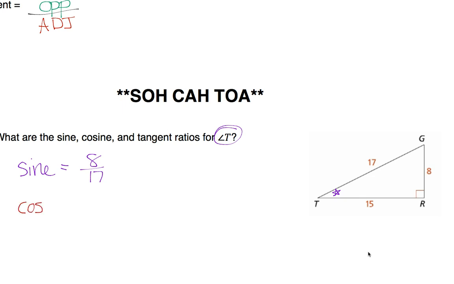Cosine is CAH, C-A-H, so that's adjacent over hypotenuse. And tangent is opposite over adjacent.